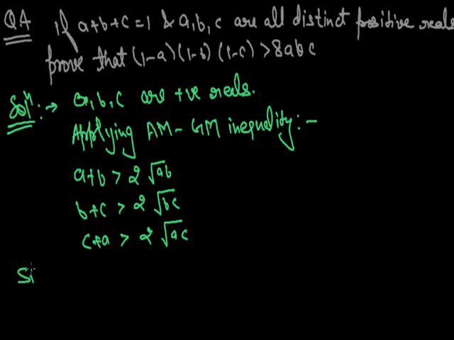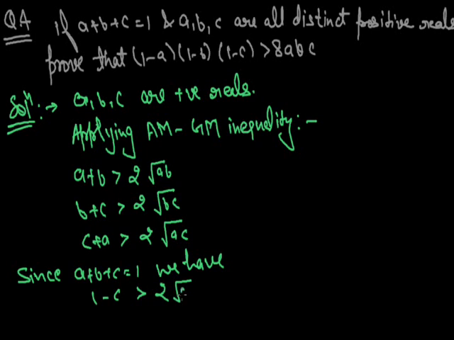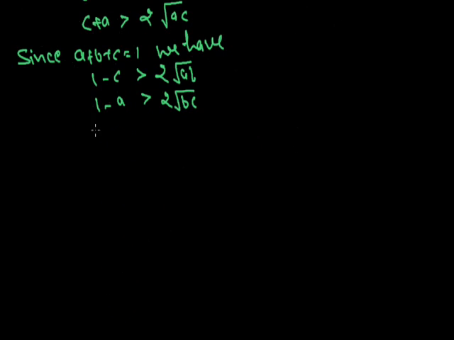Now since A plus B plus C is equal to 1, we have 1 minus C is greater than 2 root AB, 1 minus A is greater than 2 root BC, and similarly 1 minus B is greater than 2 root AC.